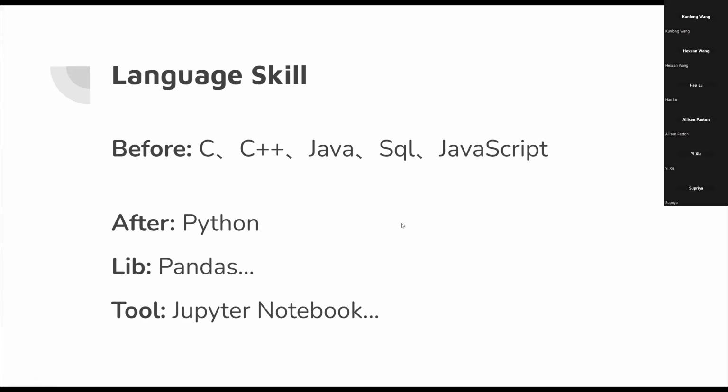We learned a lot of Python libraries that make it easy to process and visualize data. We learned how to use Jupyter Notebook. This tool is a web application that we can use to create and share documents that contain code, equations, and visualizations. It's very convenient to use in machine learning projects.